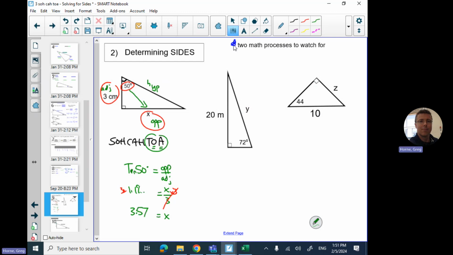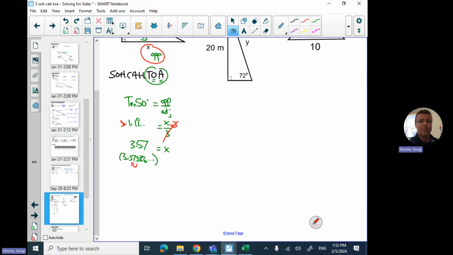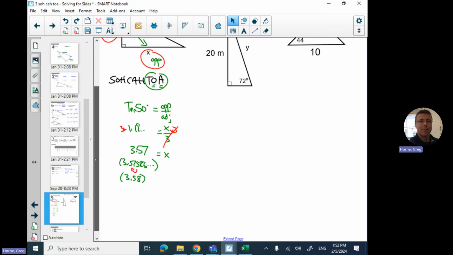If I kept a bunch of decimals and multiplied by 3, I would have 3.57526..., which would possibly round up to 3.58. So don't worry about slight rounding errors like that. It's just if you kept the numbers and rounded.